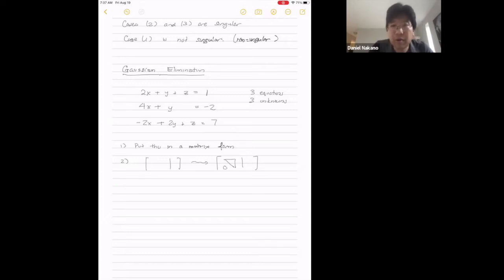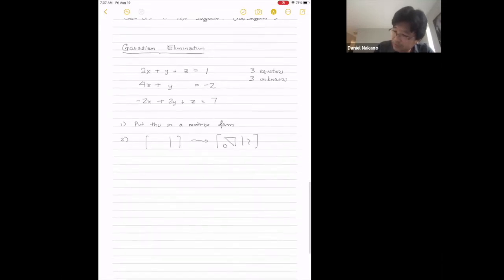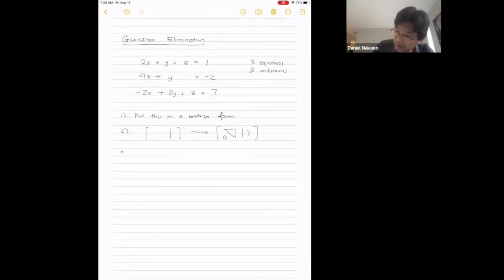You want a matrix which has entries above the diagonal in some sense, and there could be other stuff over here. And then finally, once you have the equation in the nice upper triangular form, you do what's called back substitution.